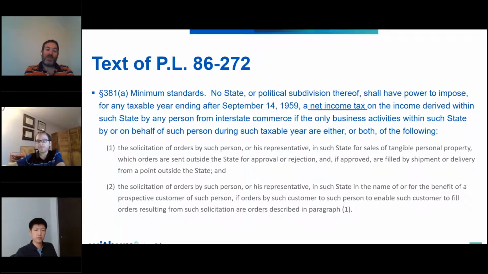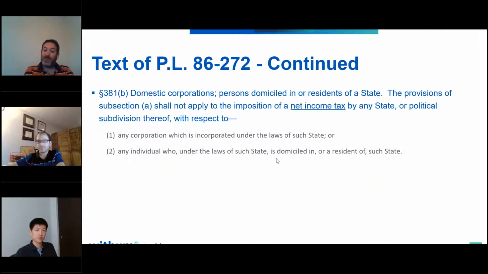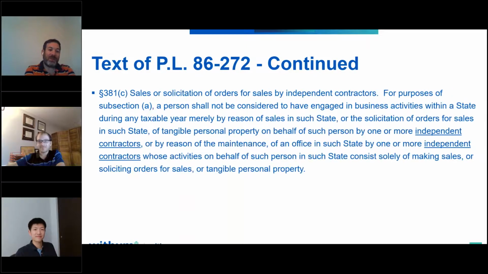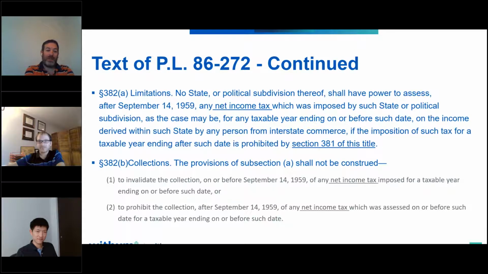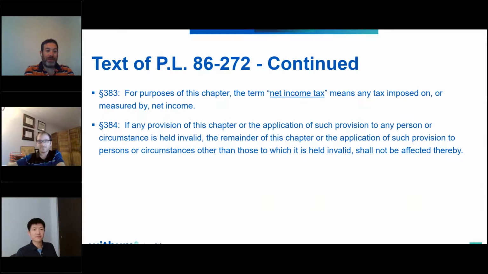We can flip through the code sections here. It's in the slides for people to read if they choose to, or if they're having trouble sleeping tonight, this might help. We'll pass 381 through 384, dealing with solicitation of orders, definitions, and representatives, who's protected. Moving on.